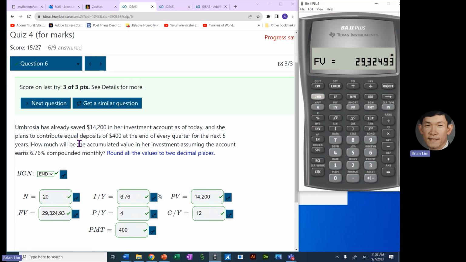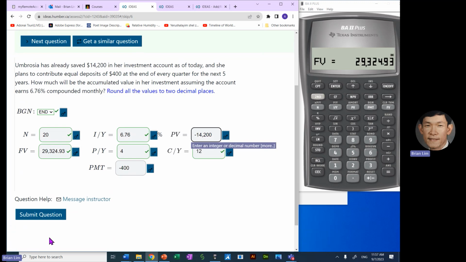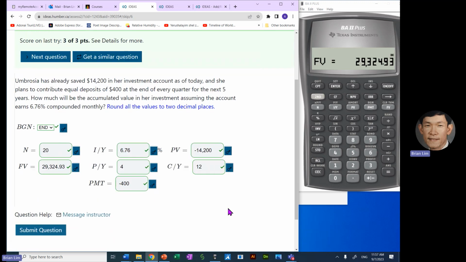Yes, here is an instance where the deposits are being made. So if you decide to stay with a negative here, then this has to be also negative. The present value and the payment must agree. And then we get the correct answer.